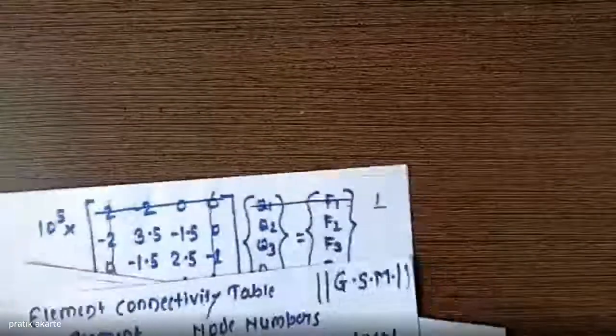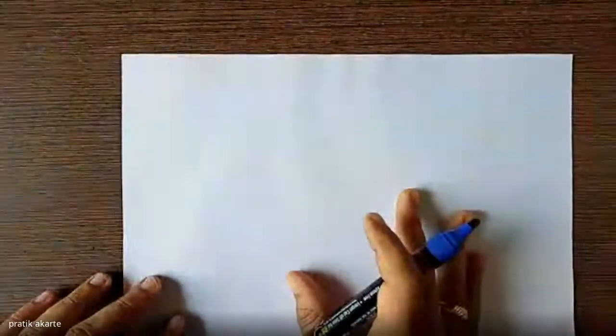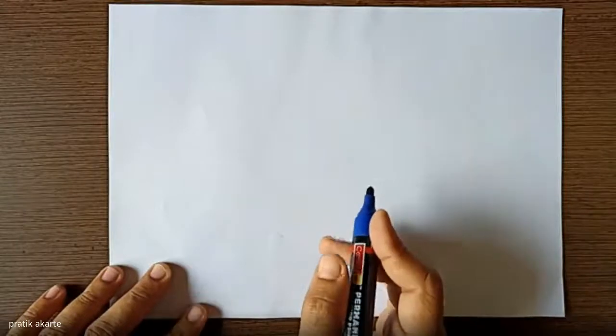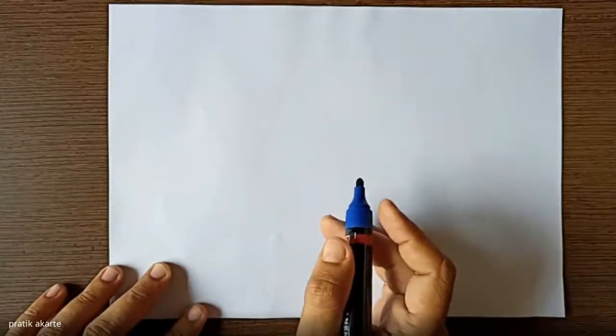Okay, so let us solve these equations. I'll not go into detail of solving. I'll straight away write the answers, because you can solve these equations simultaneously or by using calculators. It is very easy.